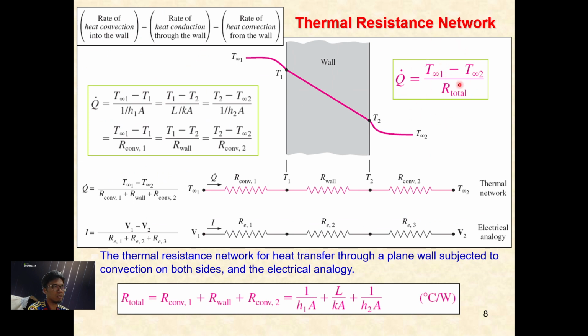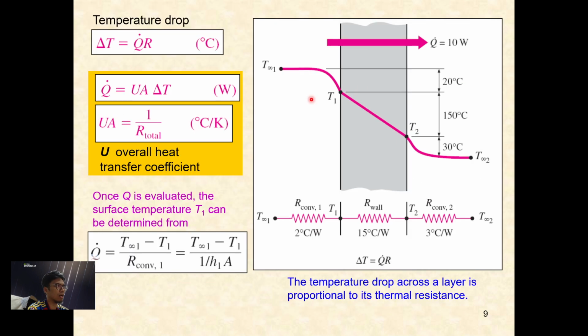This is delta T. R total ni naikkan atas, samalah dia boleh jadi macam ni juga. So the question kalau asking you temperature drop, which is delta T lah, so you ada Q dot, you ada resistance, you timeskan dia, you dapatlah temperature drop. Okay, temperature drop tu ialah difference of temperature.